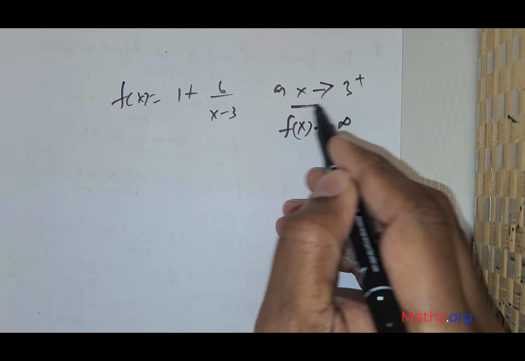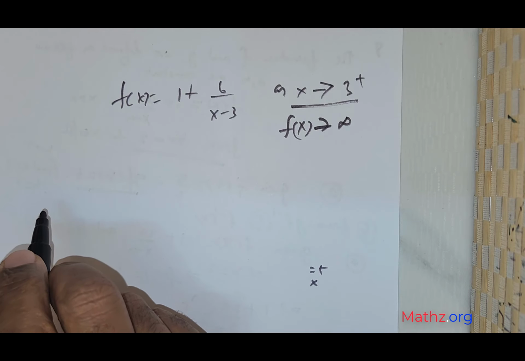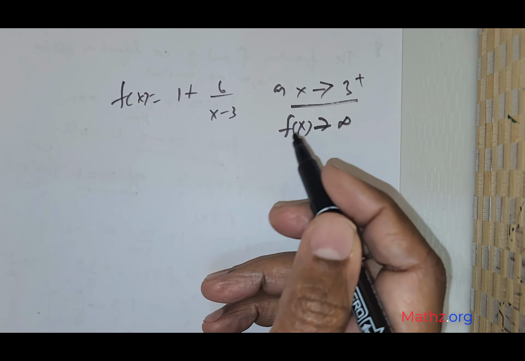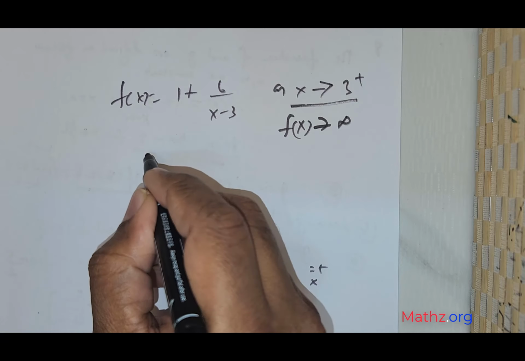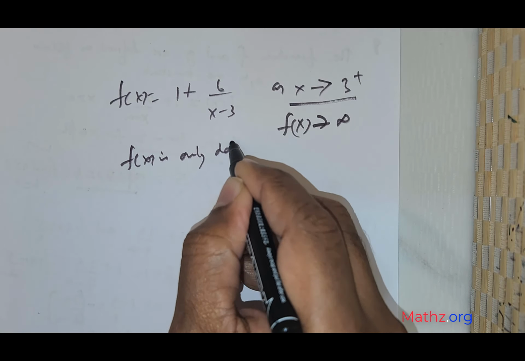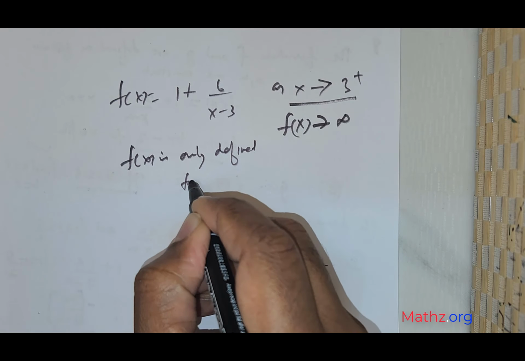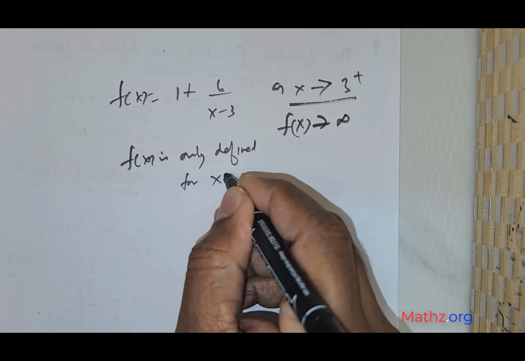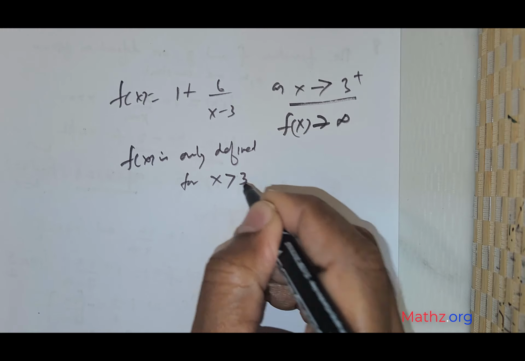You might be wondering why I took x tending to 3 from the positive side. Because f of x is only defined for all values of x greater than 3.